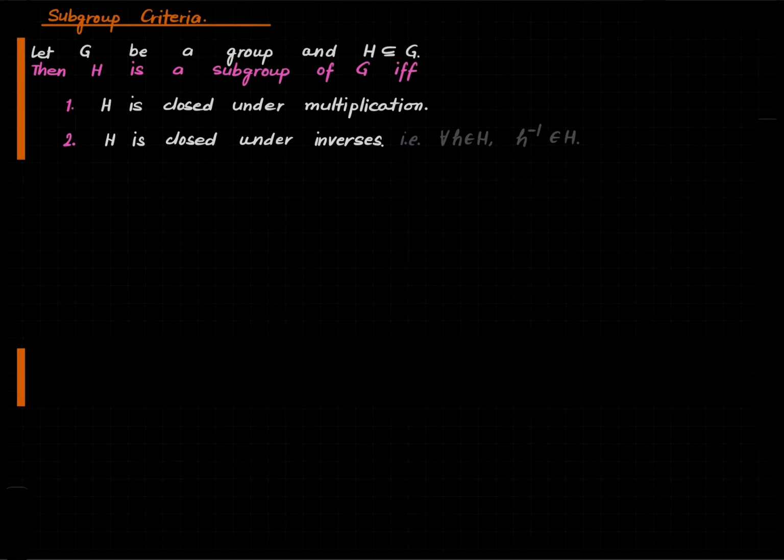So this is what we want to establish. And what do we need to do? We need to do two directions. First, if we assume that H is a subgroup of G, then we need to show that these two hold, and conversely. So first, assume H is a subgroup. Then by what we have discussed in the previous page, by definition, it is closed under the group operation.